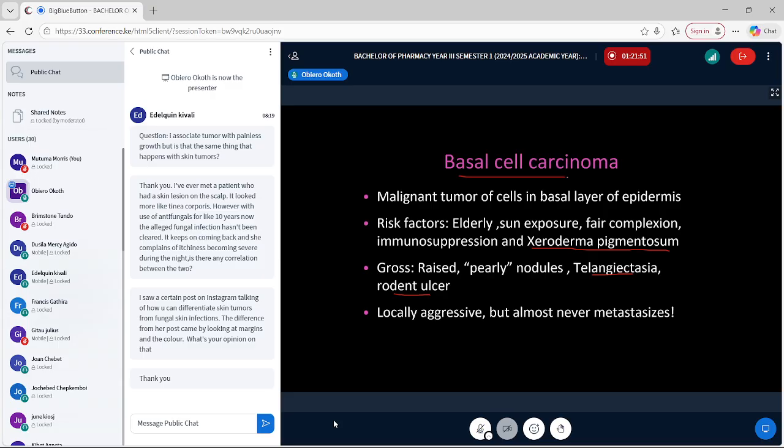Now, basal cell carcinoma almost never metastasizes, unlike melanoma. These are the so-called rodent ulcers.